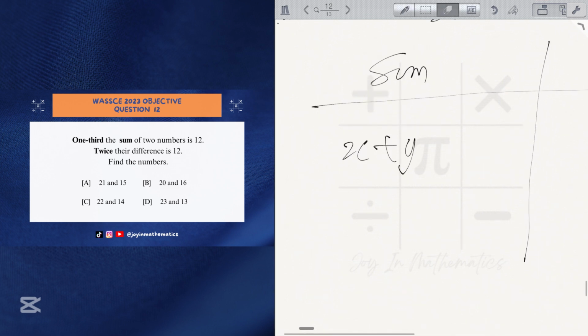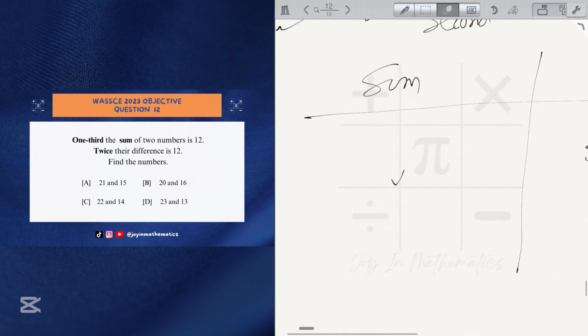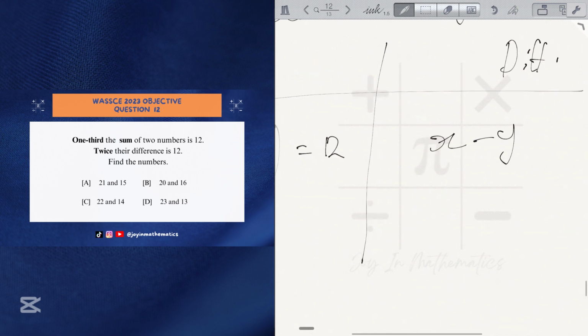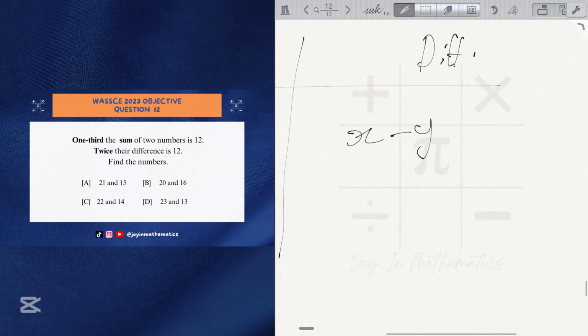It says that 1/3 of the sum is equal to 12. And moving on to the second line, twice the difference, that means this multiplied by 2, is also equal to 12.